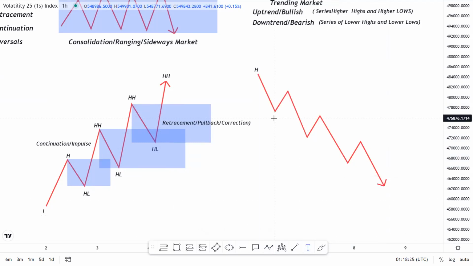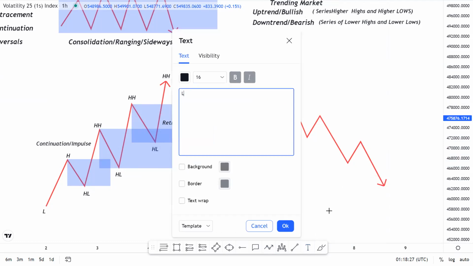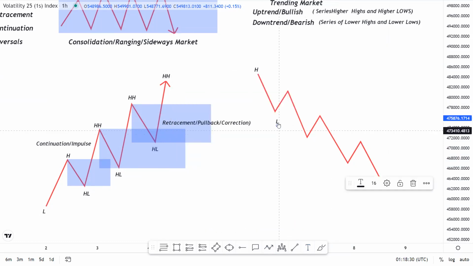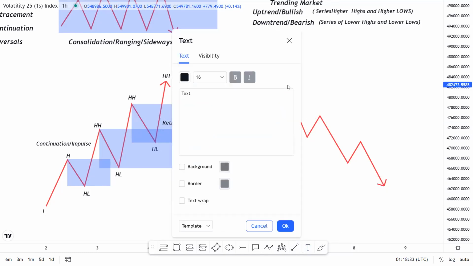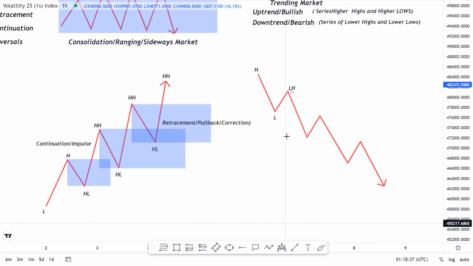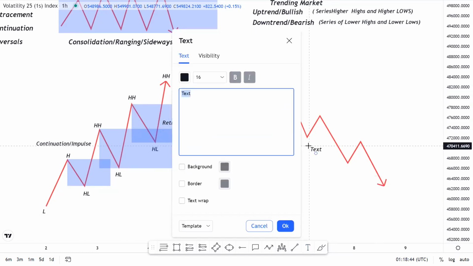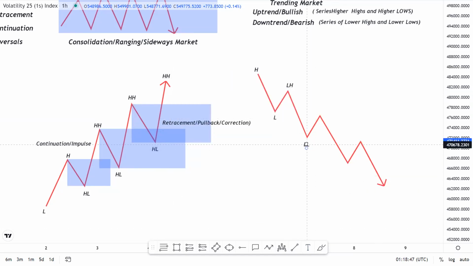And then price came right into a low, to then present us a lower high, leading us to even more lower prices, forming lower lows.